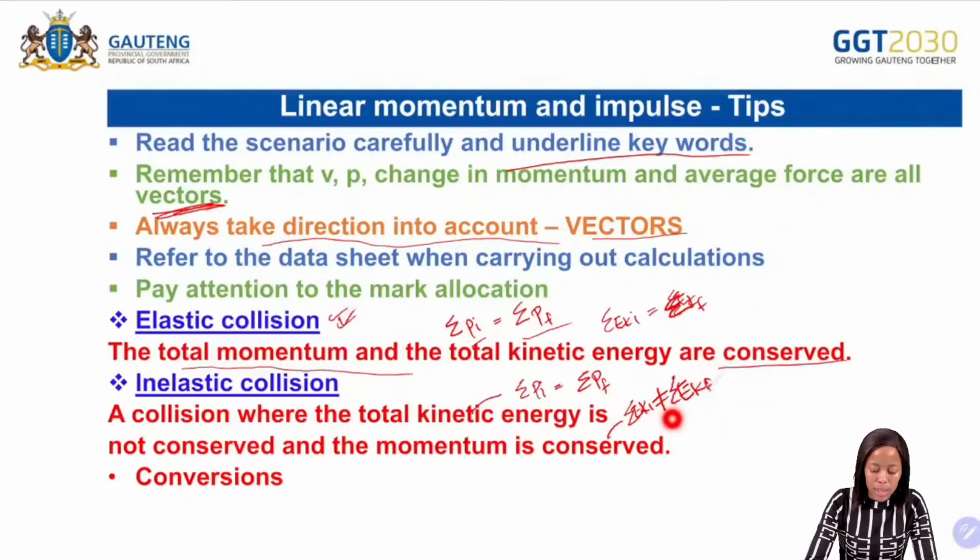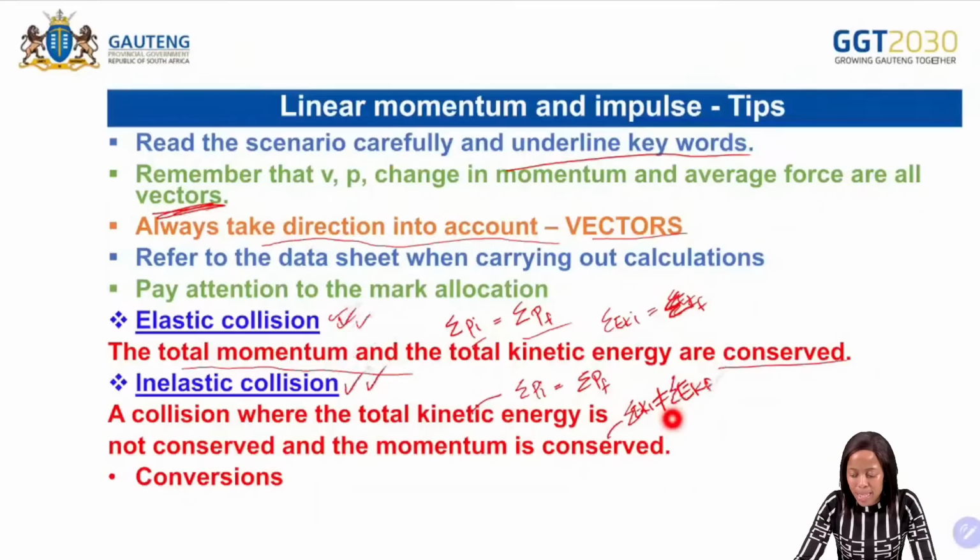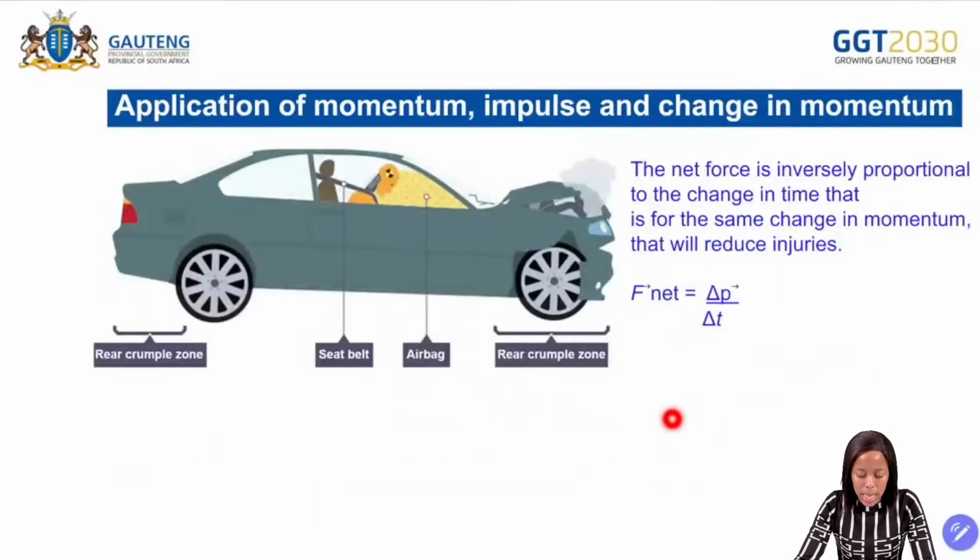So what do elastic and inelastic have in common? In both definitions, the momentum is conserved. So the momentum is the same before and after the collision. The only thing that's not the same is the total kinetic energy.